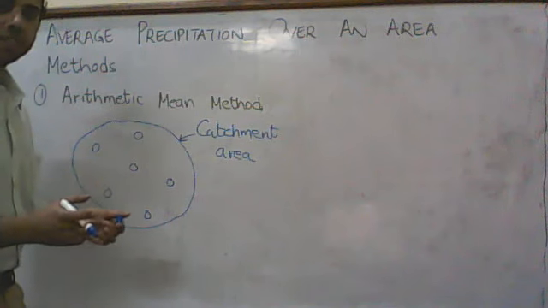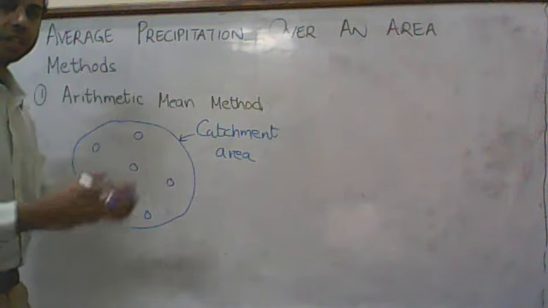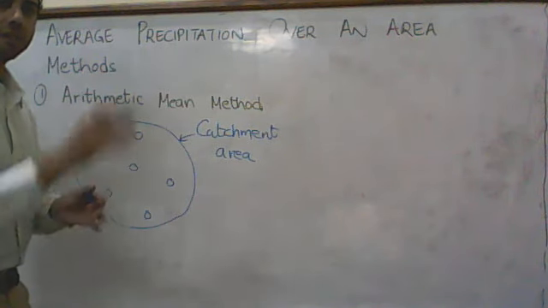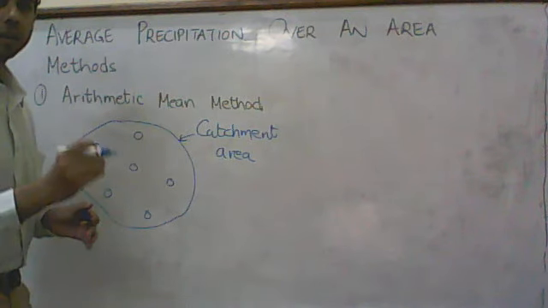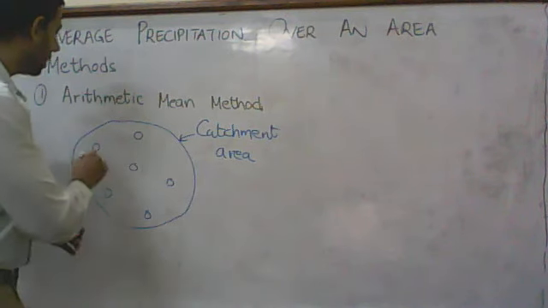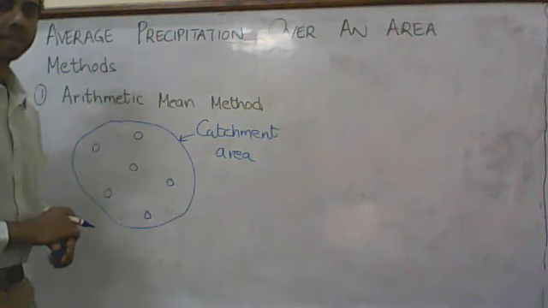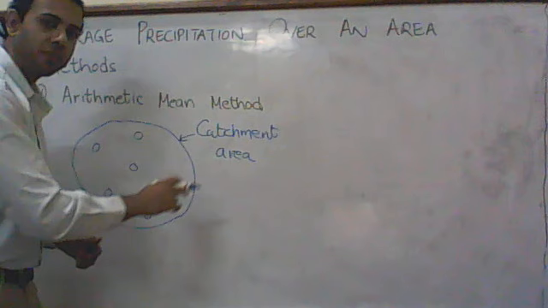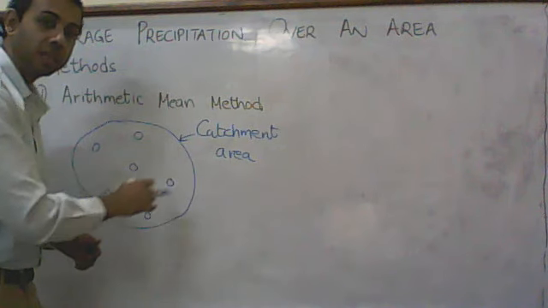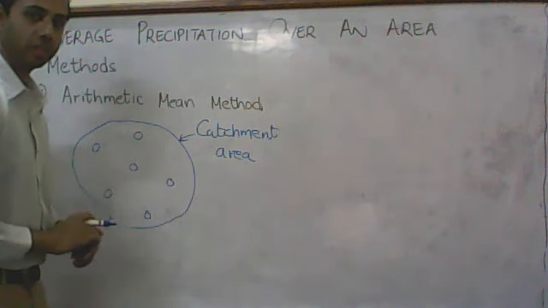What is a rain gauge station? A rain gauge is a device which is used to collect the rainfall that occurs in that area. There are 6 rain gauge stations here. So we have to find out the average of precipitation that falls in these rain gauge stations.